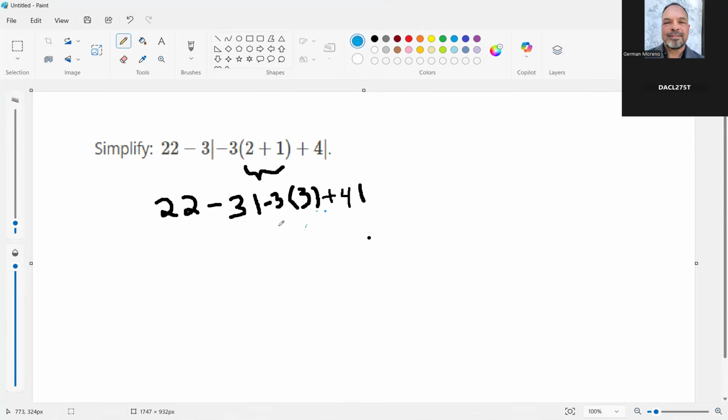So if you could, work on where to focus, and that would have to be here now. That might not be real obvious to you. That means I have to copy everything else, the 22, the -3, the absolute value. And I'm going to work on the -3 times 3, which is -9.